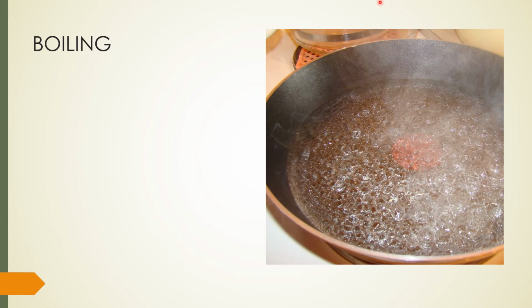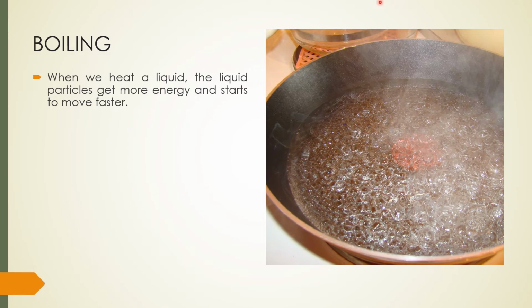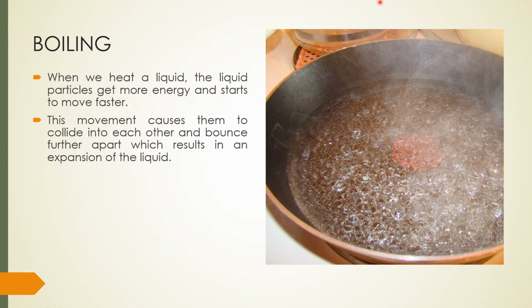Next up is boiling. This is the state change when a liquid turns to a gas when it is heated. The same thing happens in a liquid just like when the solid is heated. The liquid particles gain more energy and start to move around faster, which causes them to collide into each other and bounce off in different directions, resulting in an expansion of the liquid.